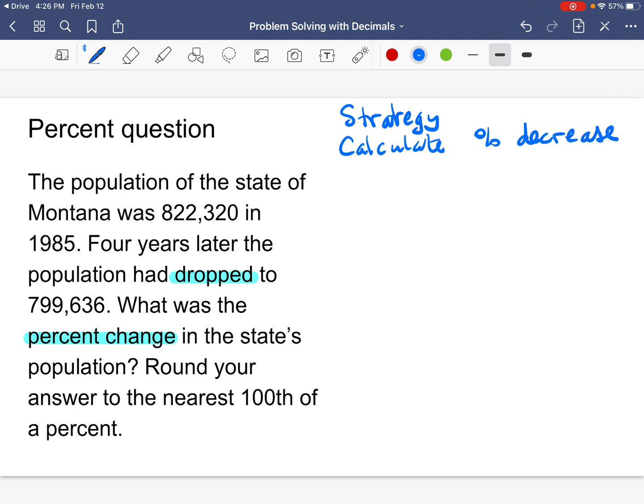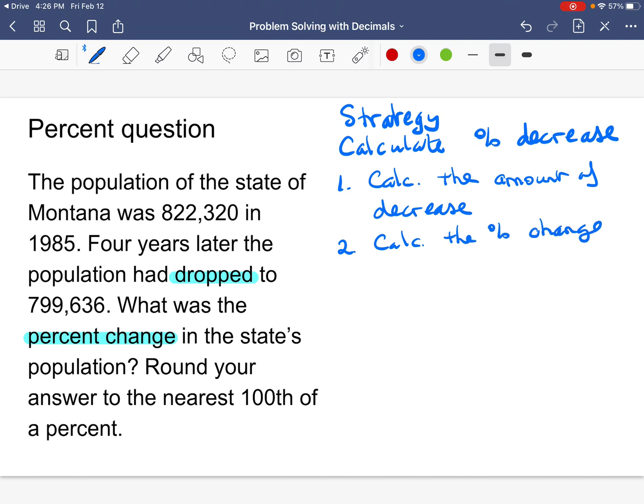And first step will be calculate the amount of change, the amount of the decrease, and then the second step is calculate the percent change. So that's my strategy.